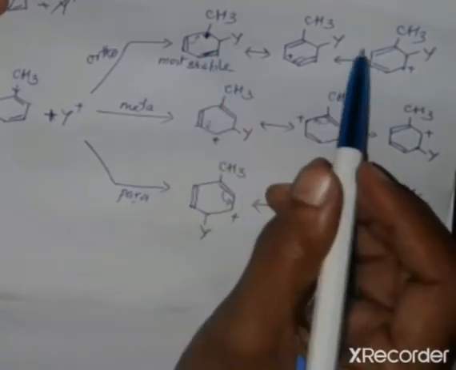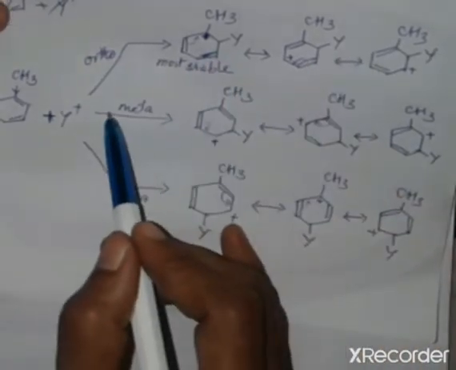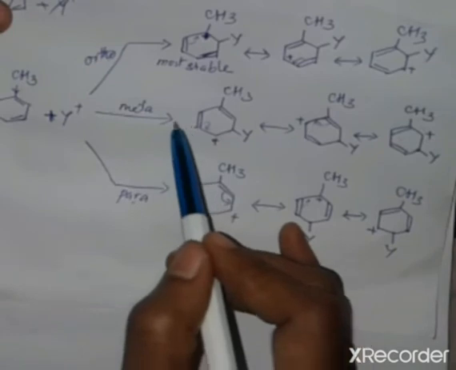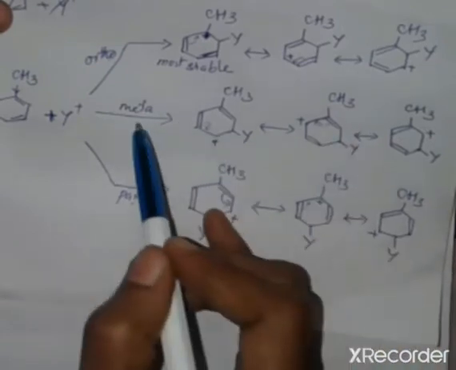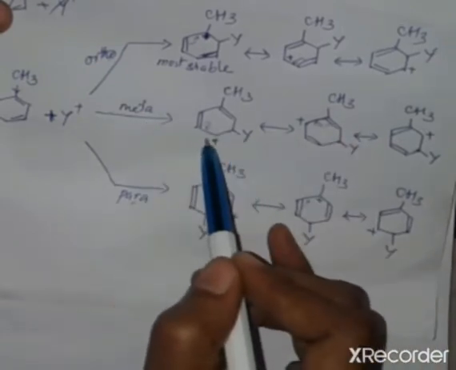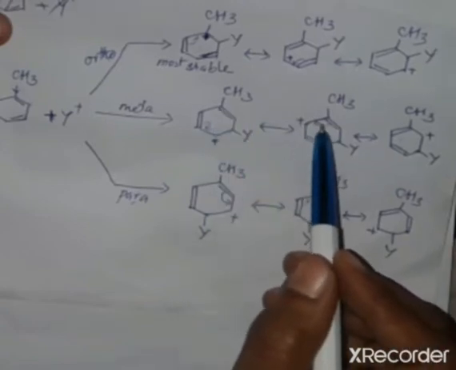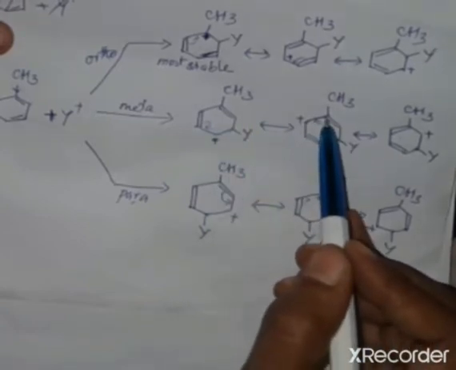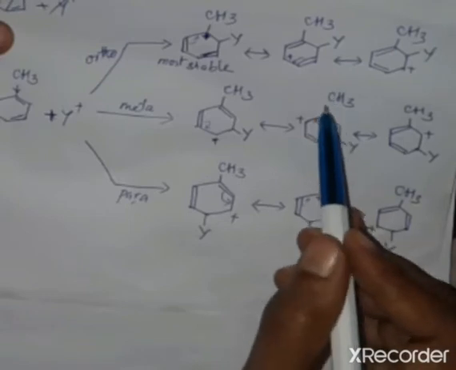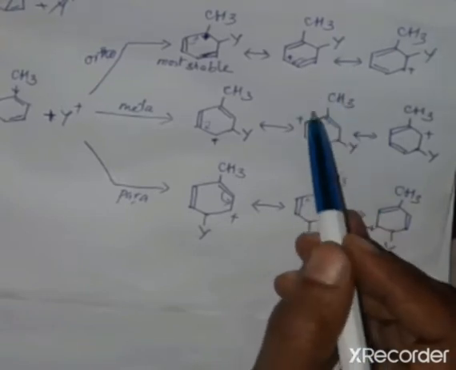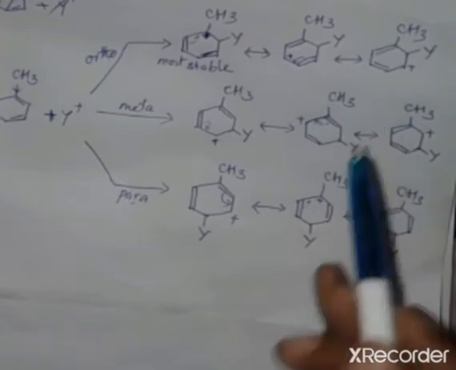Okay, so when we check the carbocations obtained when Y is bonded to the meta position, there is no positive charge at the carbon which is bearing the CH3 or electron releasing group.